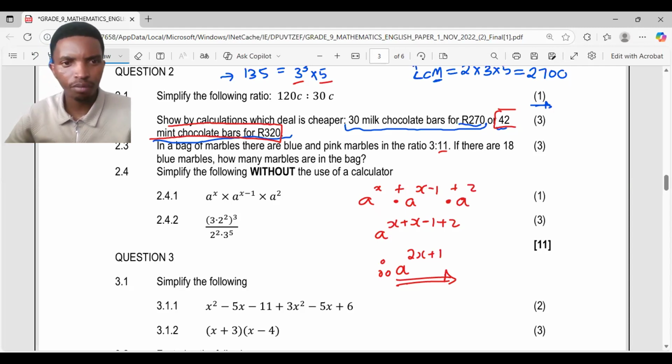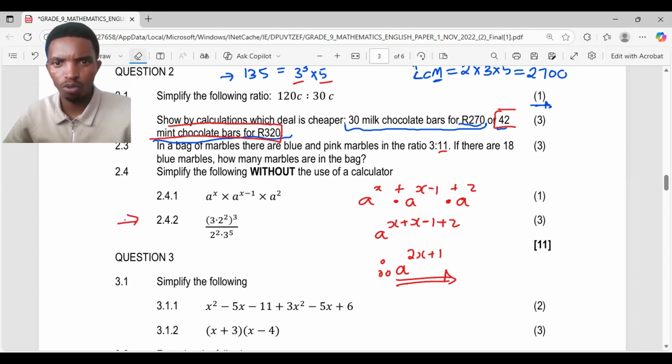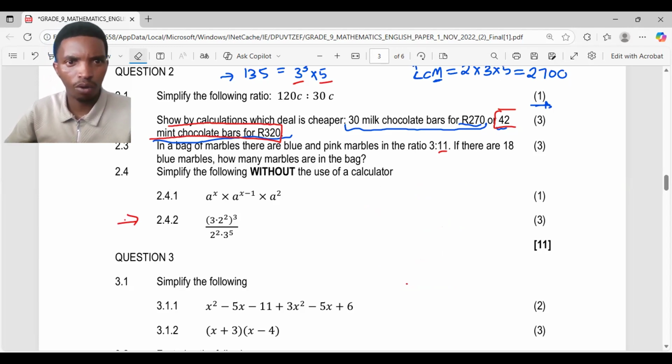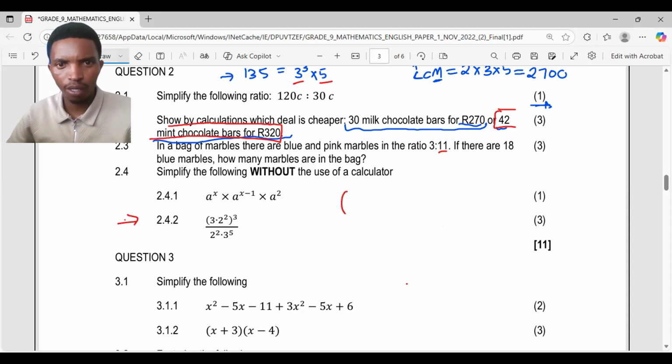And then for 2.4.2. In this case, we're given 3 times 2 squared over 3 exponent of 2 squared times 3 exponent of 5. Now remember, there we have a 1, so this 1 is going to be multiplied there. Therefore, we're going to have 3 cubed, times this 2 is also going to be multiplied there.